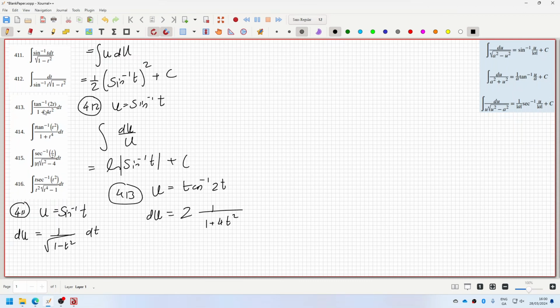So a half du equals that. So that would be a half u du. So that would be increase the power by 1, divide by the new power.